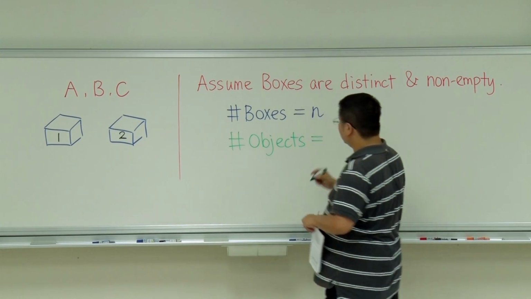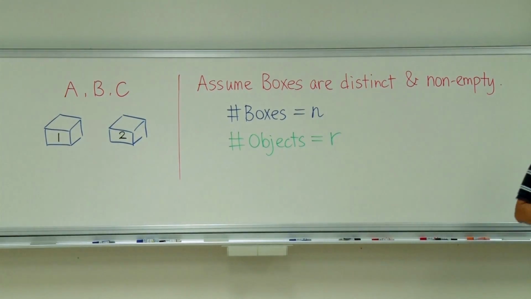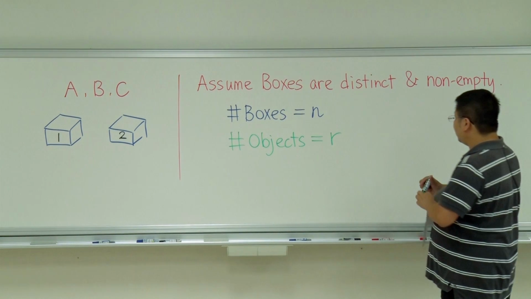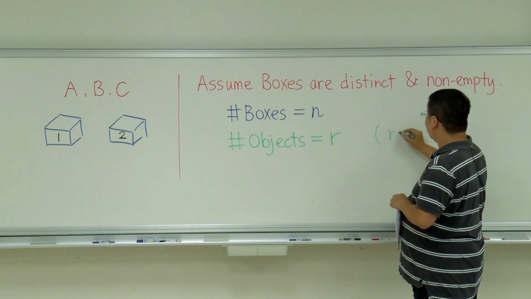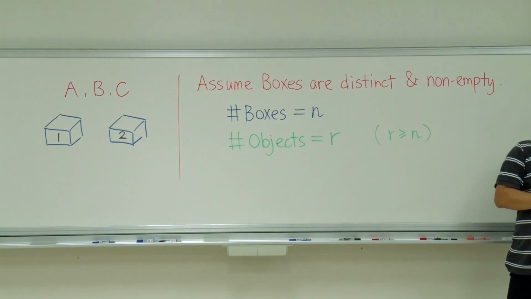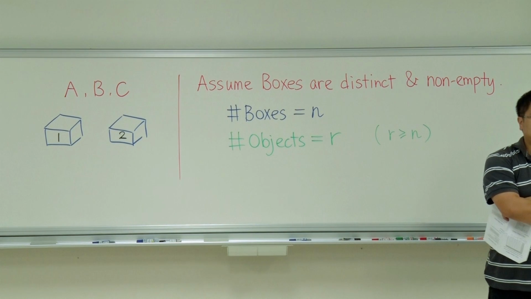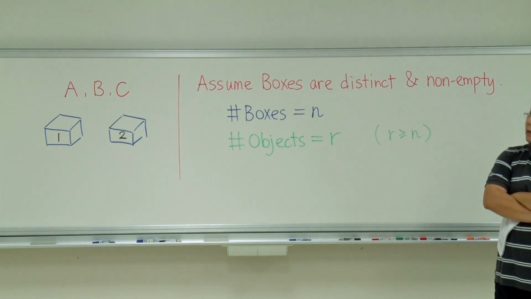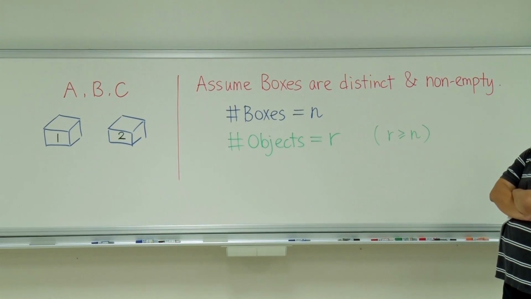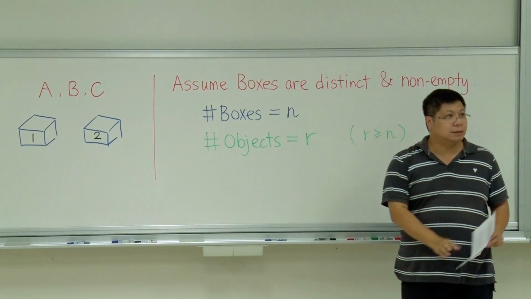Let's say we have R objects to distribute. And therefore, let's say R is greater than or equal to n. So we want to count the number of ways to distribute these R objects into these n boxes.